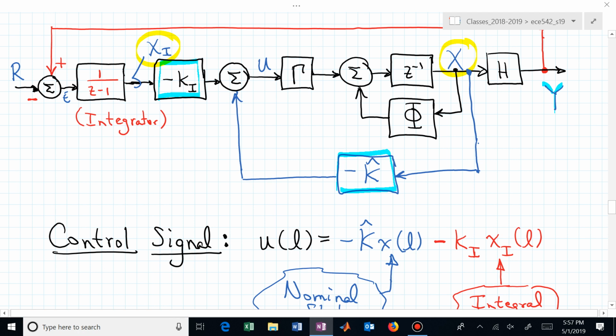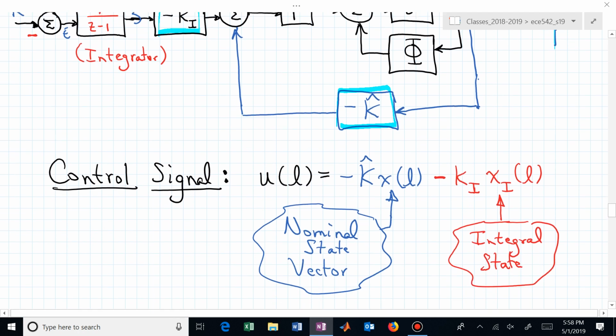The first 10 will be the original 10, and that 11th component will be this x sub I. That's what we're doing here with this integral control. Once we have those, we will use all of that information in our control signal. U of l is now minus k hat x of l minus k sub I x sub I.